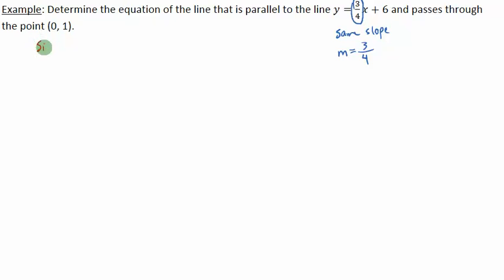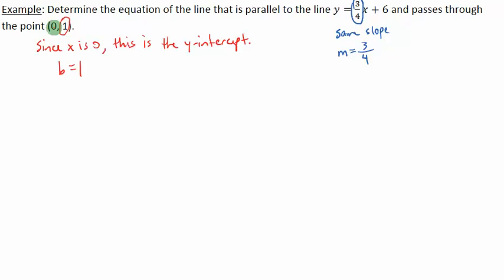It also passes through this point. Since the x is 0, this is the y-intercept. You can imagine if you were to plot this point, it would be on the y-axis. And since it's the y-intercept, that means that this number here is our b value. Now they didn't tell us this time that this is a y-intercept. They phrased it differently and just said it passes through this point.